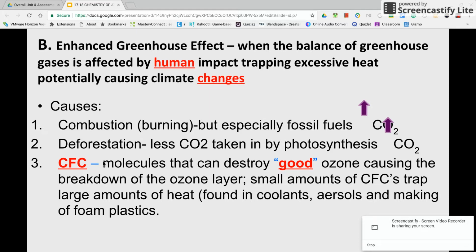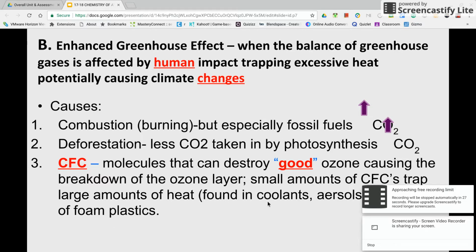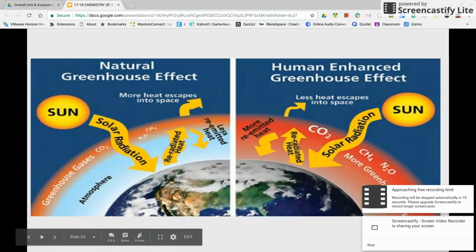Another human impact is CFCs, chlorofluorocarbons. Those come from aerosol cans and coolants, and they go up into the atmosphere and break down our healthy ozone layer. So we tend to have legislation on how many CFCs we're allowed to put up, because we want that good, healthy ozone up in the atmosphere.